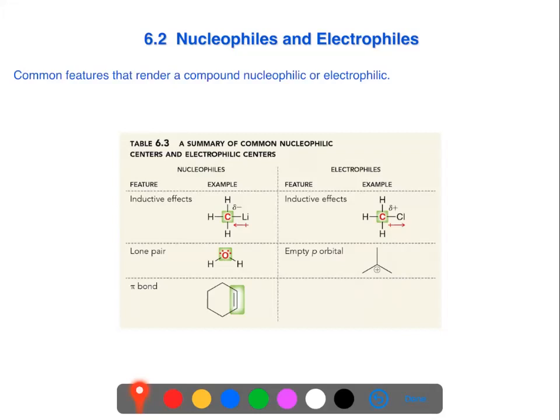And so if you see a carbocation, almost 100% of the time, that's going to be your electrophile. And lastly, we saw that species that contain pi bonds, so these can be alkenes and alkynes, can act as donors of electron density, and so they can be both nucleophiles and bases, so long as you have a very good electrophile present. And we'll see that when we look at addition reactions in section 8 and section 9.